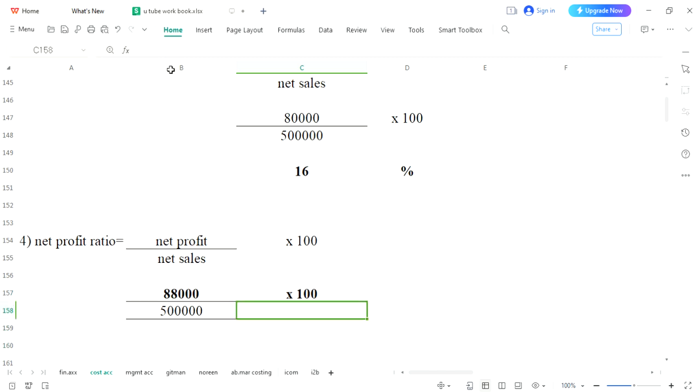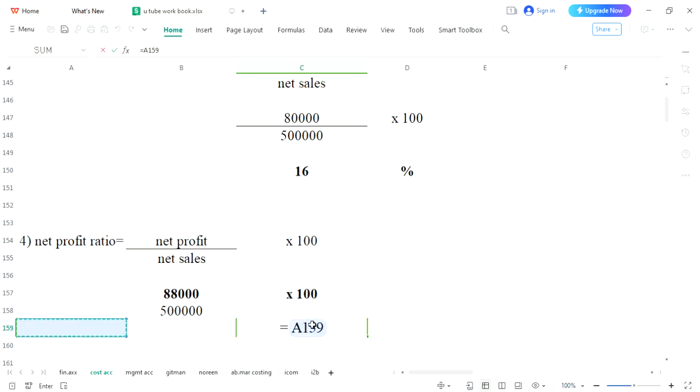Alright guys, so our formula is completed. It's time to put it on our calculator. First I'm just removing extra line. Okay guys, so what we are doing over here, this is our net profit 88,000 divided by net sales 5 lakh, and then simply multiply it with 100.